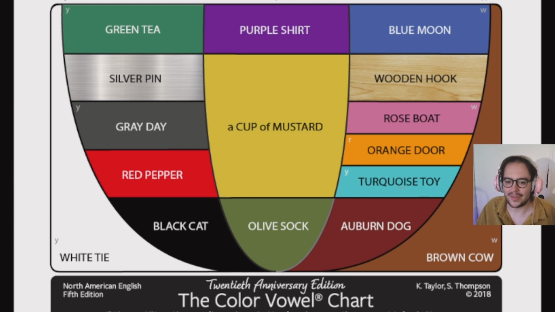Like green, that's really high up here. It's really close to the Y already. It's easier to hear in something like gray. Gray. And this is actually the way that our mouth moves. Gray to the Y.